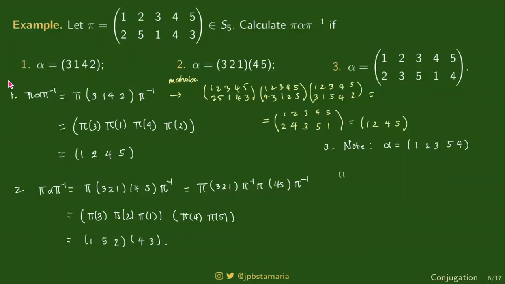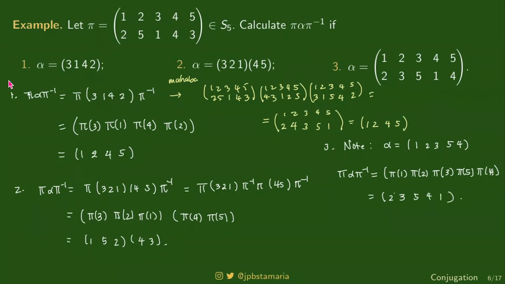Indeed, if you do pi alpha pi inverse, ang ginagawa mo lang, kukunin mo lang yung cycle by evaluating pi to each one of these elements. Di ba? Okay. Pi of 1 is 2, pi of 2 is 3, pi of 3 is 5, pi of 5 is 4, and pi of 4 is 1. So the conjugate is 2, 3, 5, 4, 1.